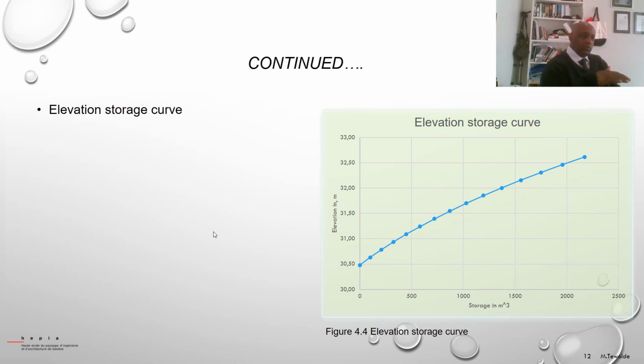Similarly, beginning from 0 up to the top level, we can calculate the storage and elevation relationship. That is called the elevation storage curve. This curve will help us later to route the inflow hydrograph into the outflow hydrograph. That is it.